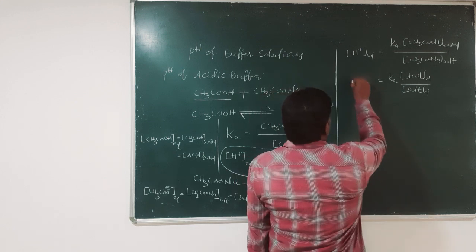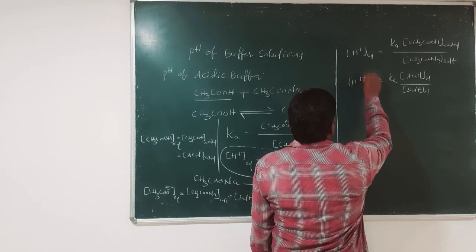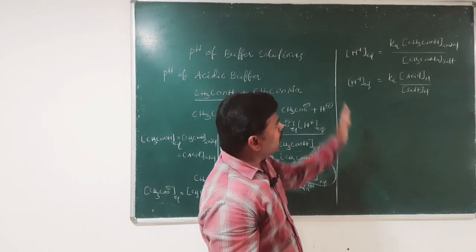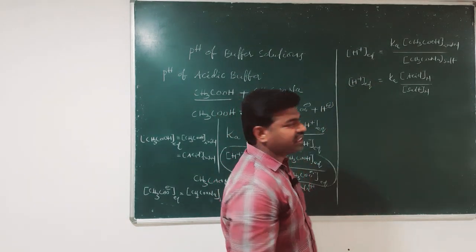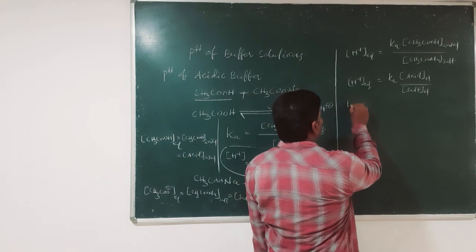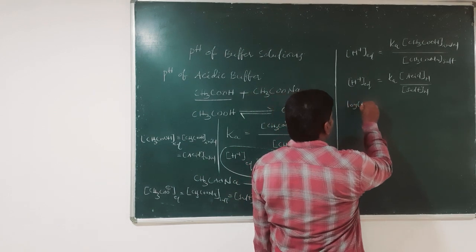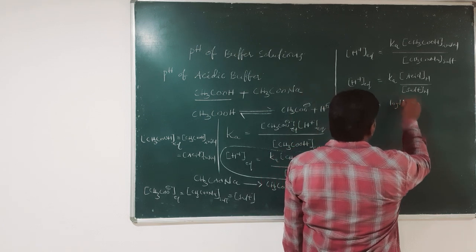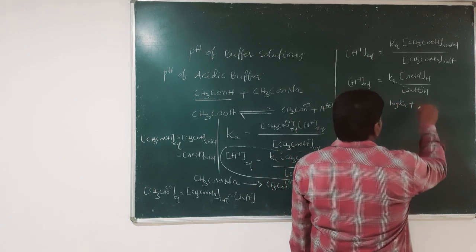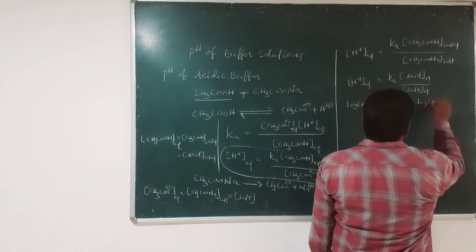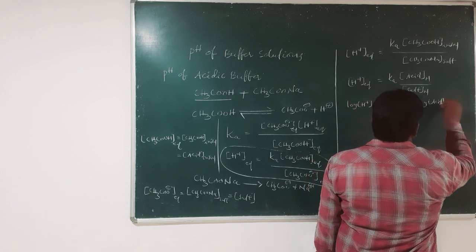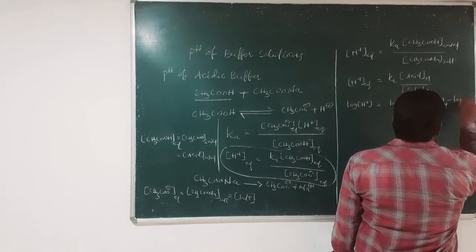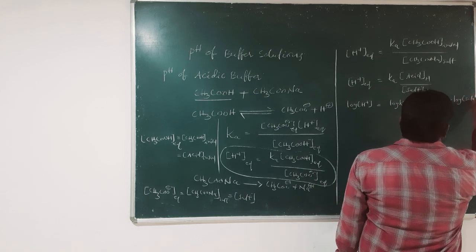So here is the concentration of H plus ions at equilibrium. Applying the logarithm on both sides, log concentration of H plus ions is equal to log Ka plus log concentration of acid by minus log concentration of salt.